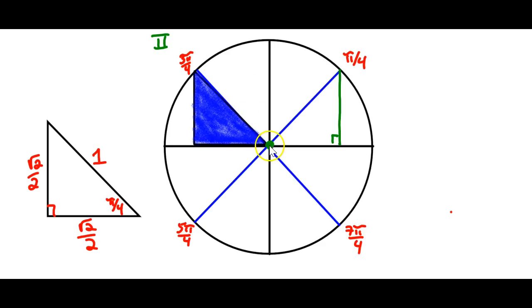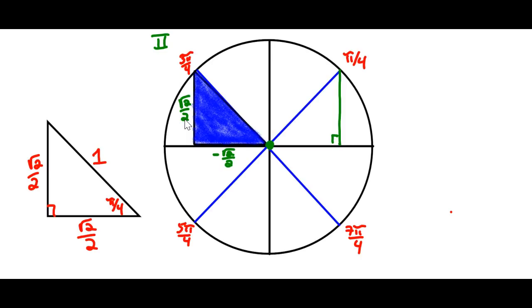Then we're in quadrant 2, and this x value going to the left would be negative. So this is still square root of 2 over 2 as a side length, but the direction the triangle is facing is the negative direction for this side. On the y-axis, though, we're still in the positive zone, so this is going to be a positive square root of 2 over 2.